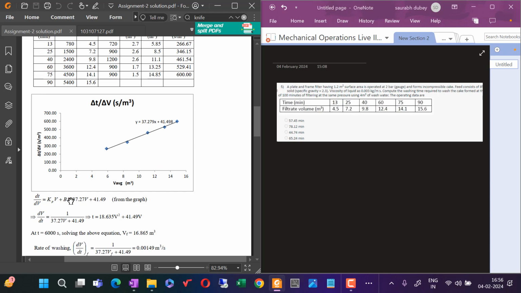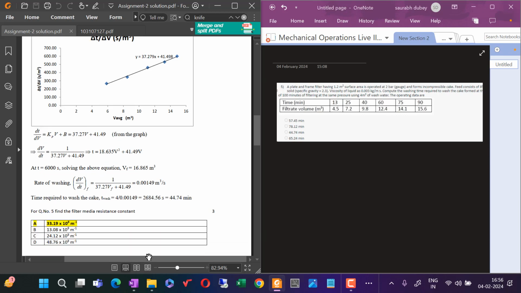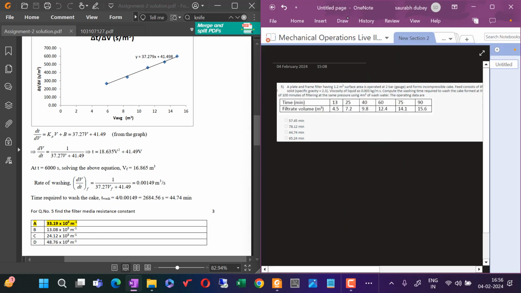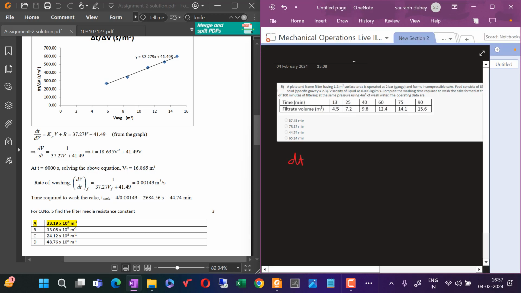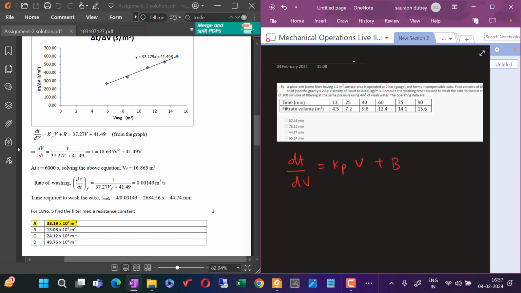So from here you got to know that dt by dv that I was talking about came out to be, dt by dv equals kp v plus b or 1 by q naught sometimes, and this is 37.27 v plus 41.49 from the graph reading.